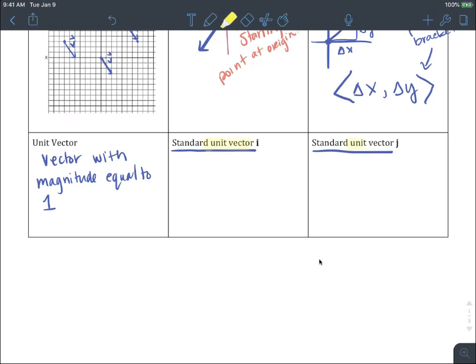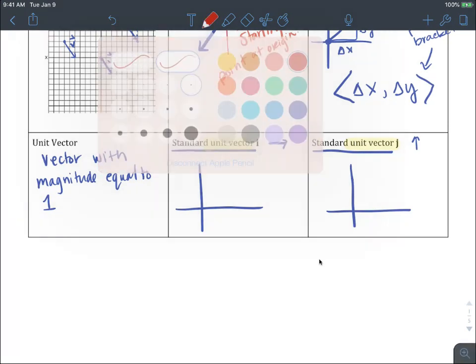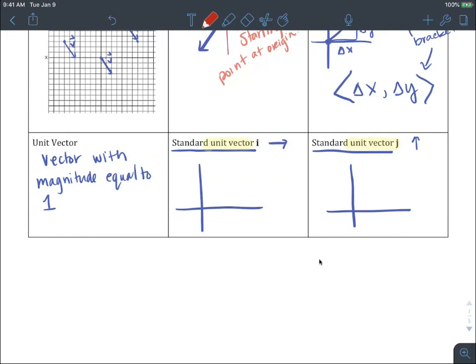A unit vector. Okay, so the i vector is going in the horizontal direction. The j vector is going straight up in the vertical direction. So, a unit vector i is going straight horizontally.